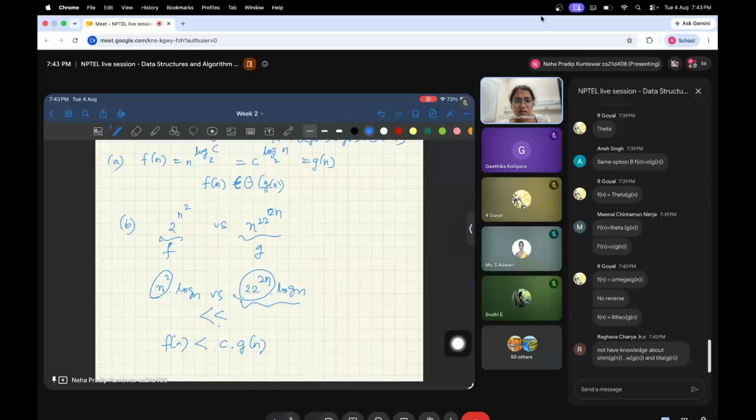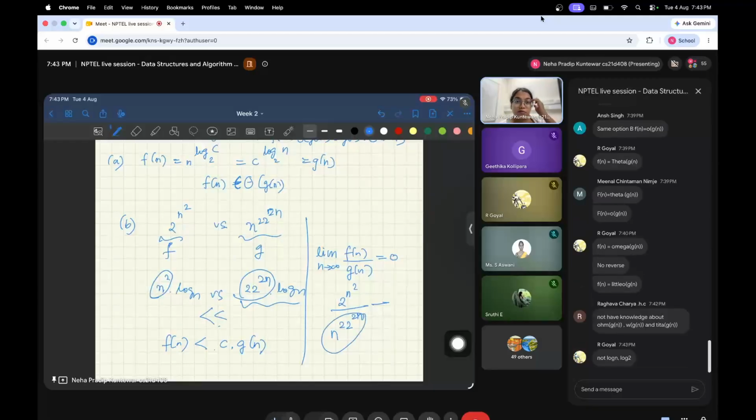Another way to look at this is you look at the limit of f of n by g of n, and you'll find that this will turn out to be 0. You have 2 to the n square here, and you have n to the 2 to the 2n. This term has an exponential term in its exponent, so this is much larger.